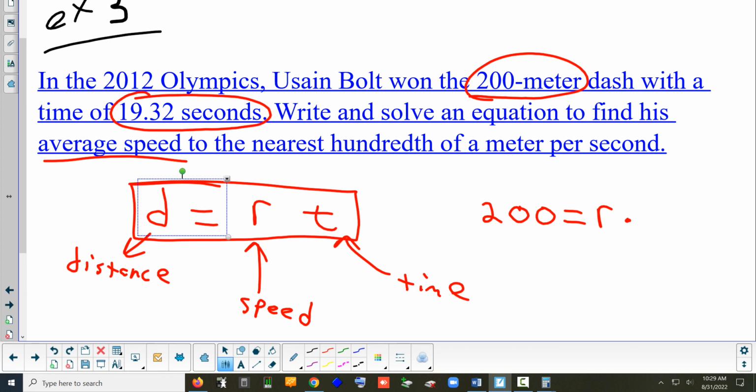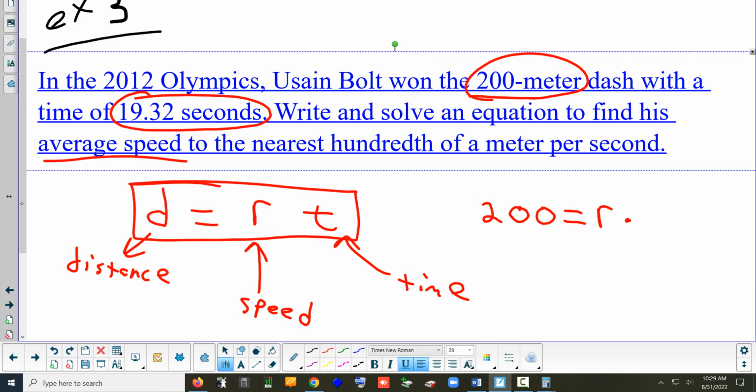Times. The last thing I need is my time. Do I know the time? Yes. What's the time in this case? 19.32 seconds. So this is 19 seconds and then a little bit more.